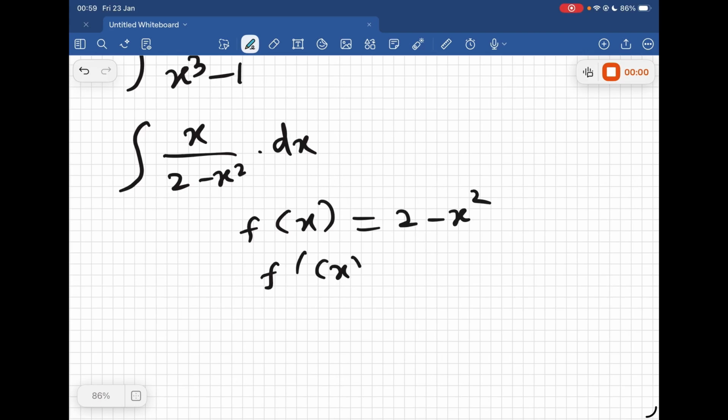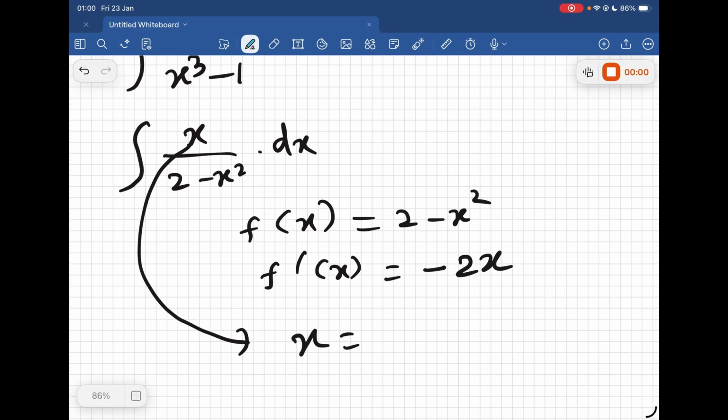Then differentiate the denominator, which gives minus 2x. Now compare the denominator's derivative with the numerator. The numerator is x, but still we can manipulate it. We can rewrite the numerator as minus one half times minus 2x. The 2 cancels, and minus into minus is plus, so we get x.